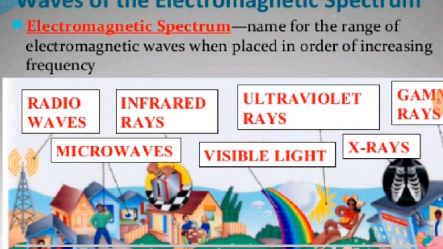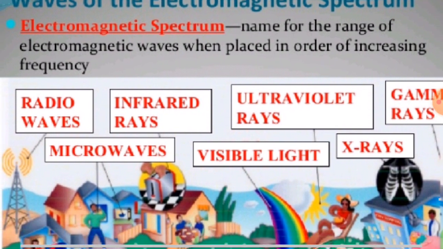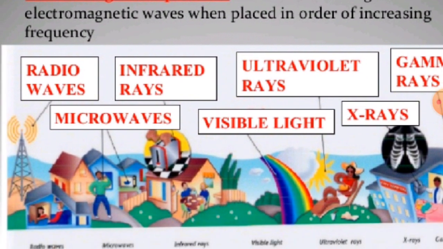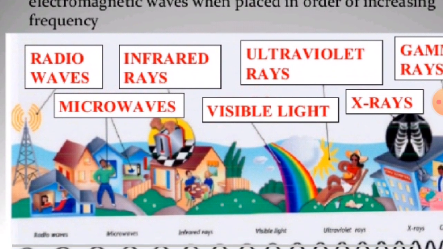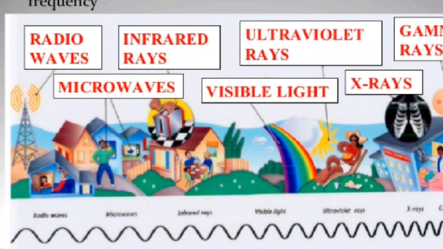So in the electromagnetic spectrum, where exactly is it applicable in day-to-day life? Radio waves, where you get mobile communications; microwaves in the ovens; infrared rays; ultraviolet rays, which you get in sunlight. Visible light means what you can see, like a rainbow.